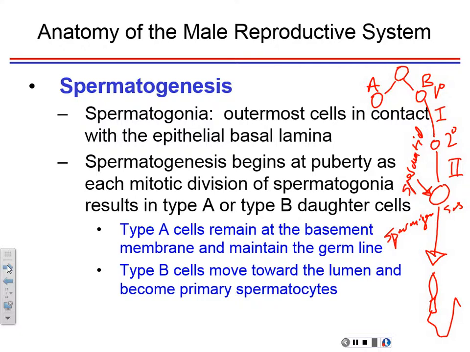After meiosis 1, the cells are now 23 chromosomes. So just remember that little diagram instead of what's written here, because it will be harder to remember that.